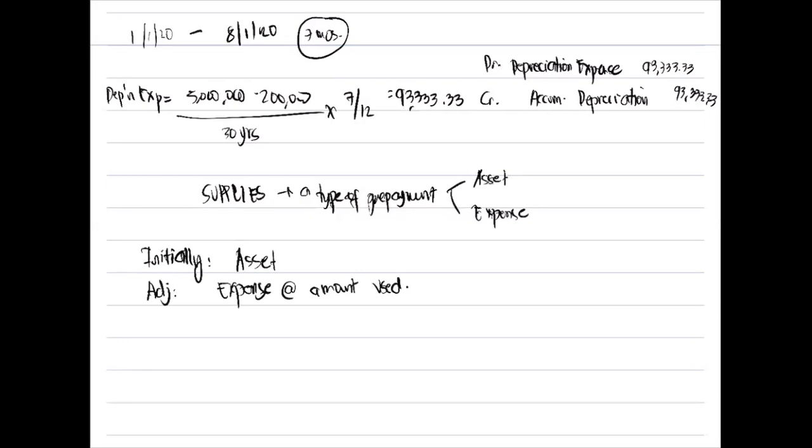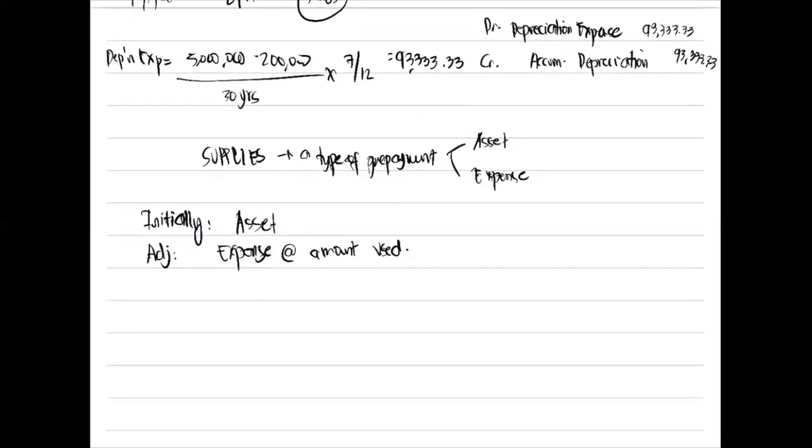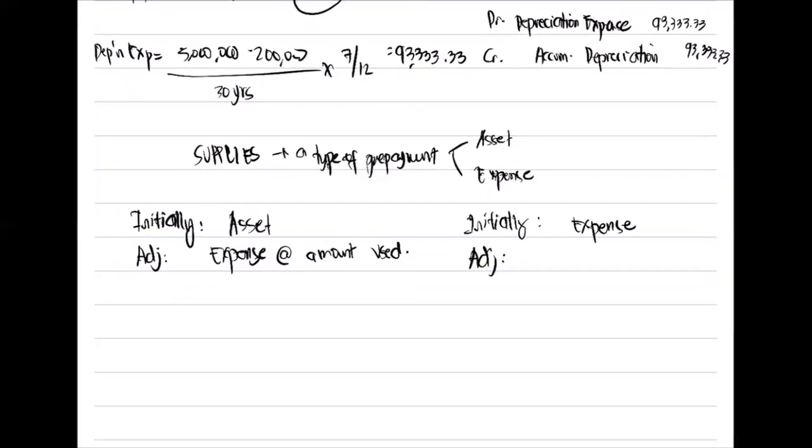Next, if you initially recorded it as an expense, your adjusting entry must be an asset at the amount unused.